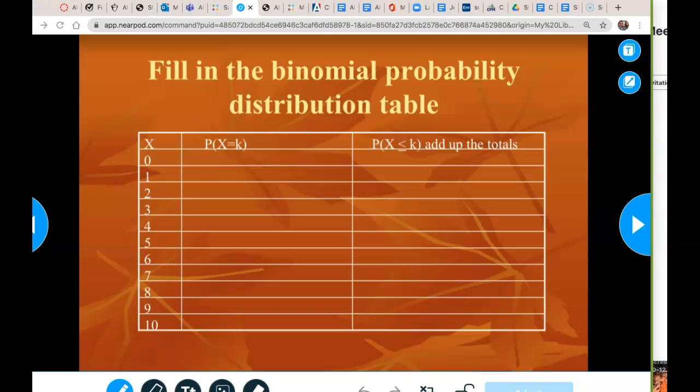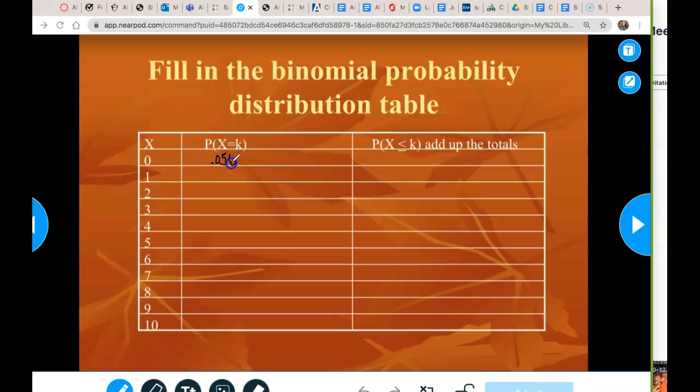Probability of getting 1 question right, let's see here, 0.056.